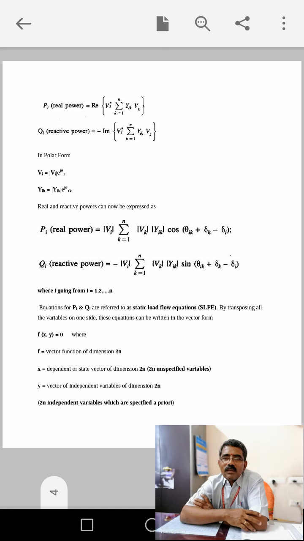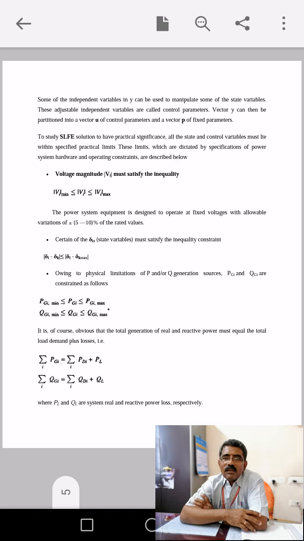These two are called static load flow equations, which are to be used for performing our iterations. Whenever we evaluate these voltages or powers, we should see at the end of each iteration whether the result is reasonable or not.